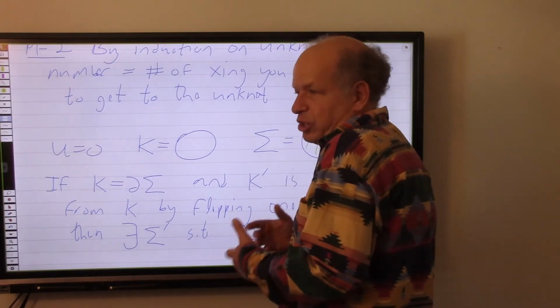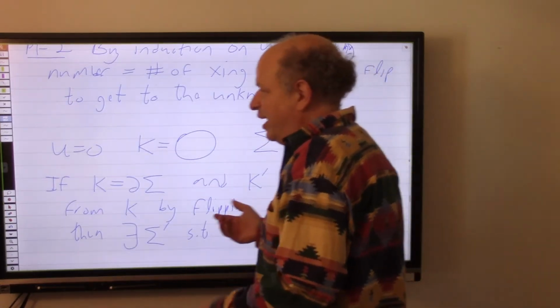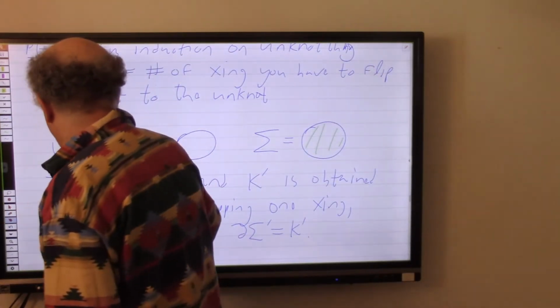So we just have to show that if there was a surface and we flip one crossing, we still have a surface.